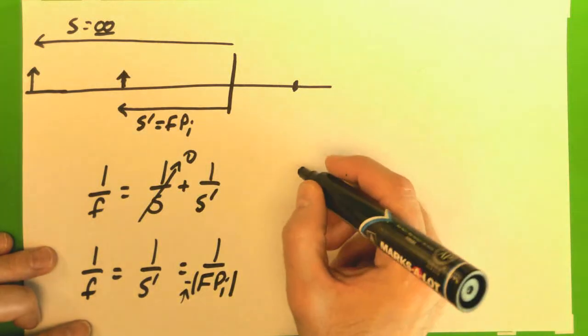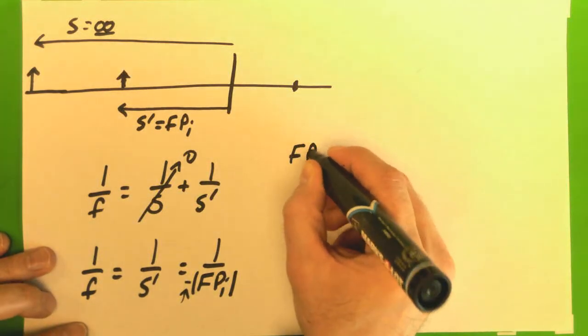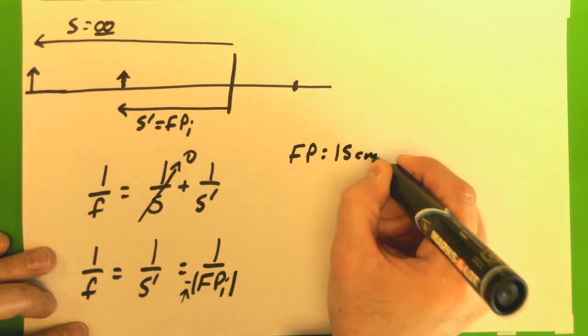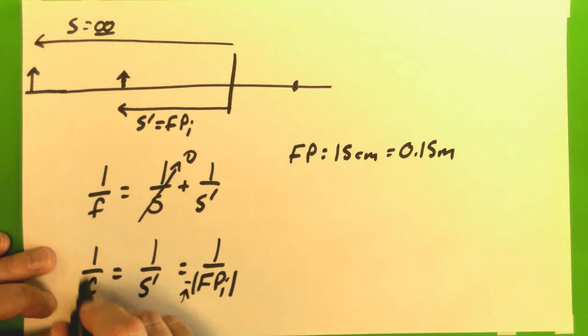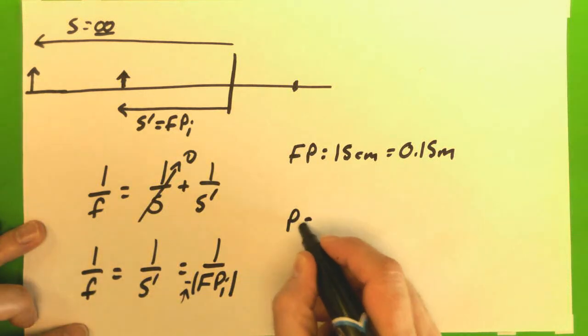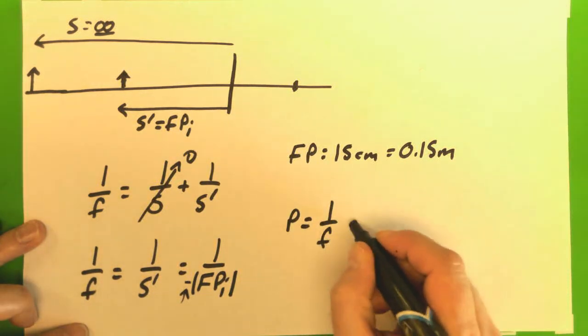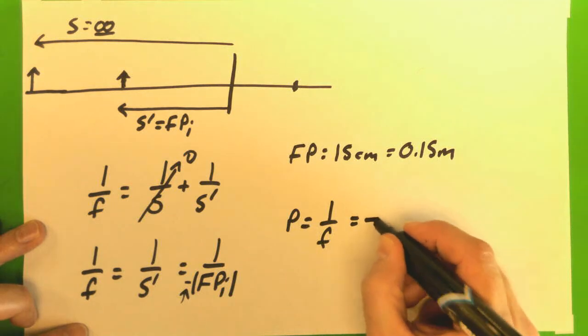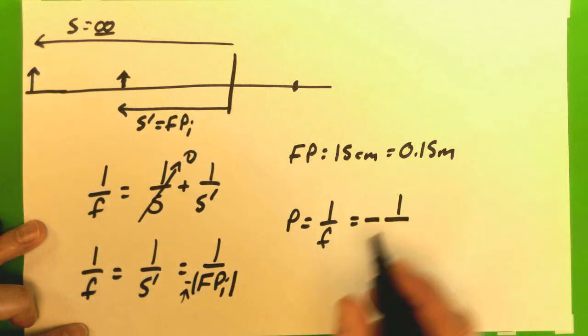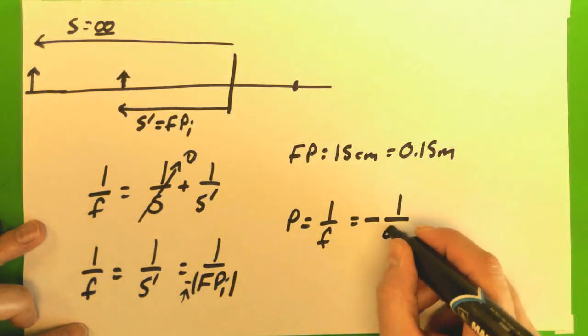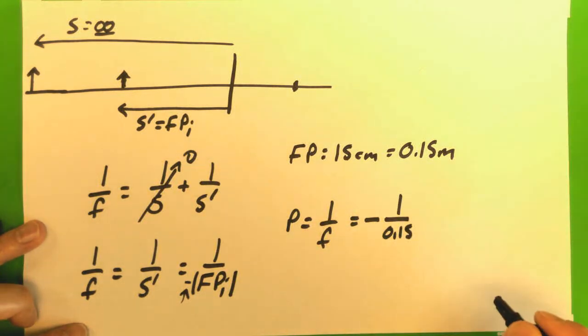Alright, so if my far point is 15 centimeters or 0.15 meters, then the power, remember that the power of a lens is 1 over the focal length, which in this case is going to be negative because of that minus sign, 1 over the far point, which is 0.15.